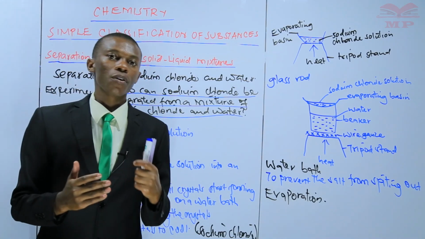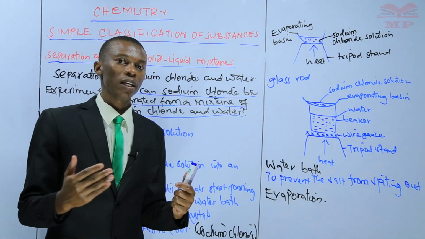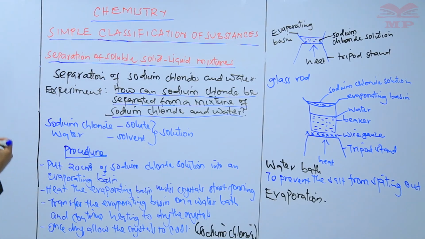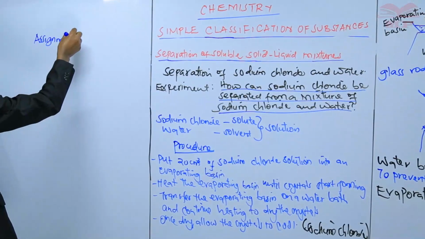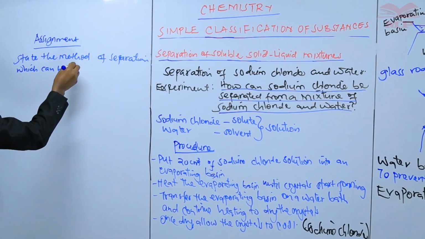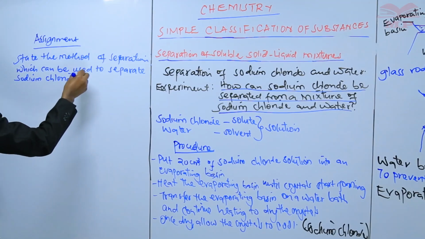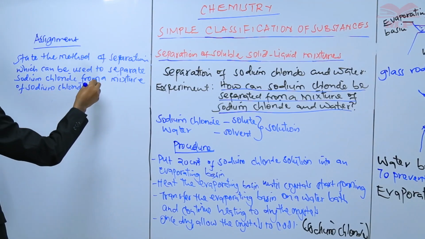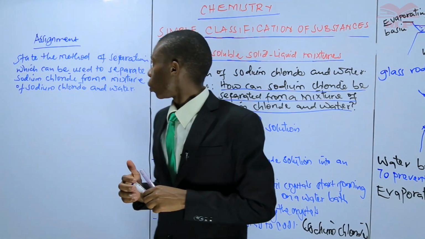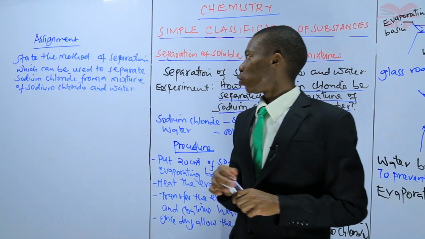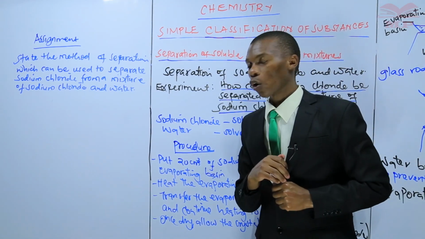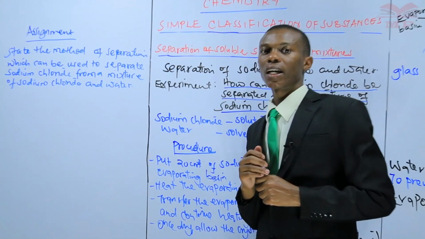That brings us to the end of our lesson today, but before I leave, I will leave you with this assignment: state the method of separation which can be used to separate sodium chloride from a mixture of sodium chloride and water.